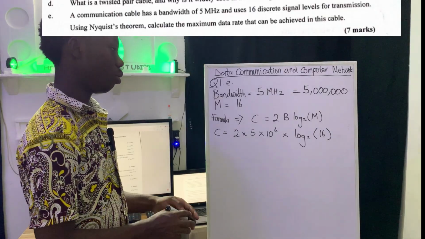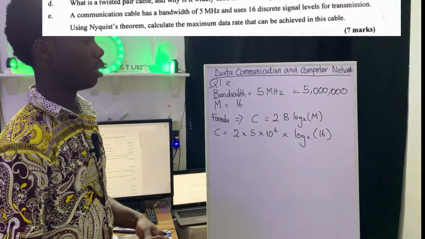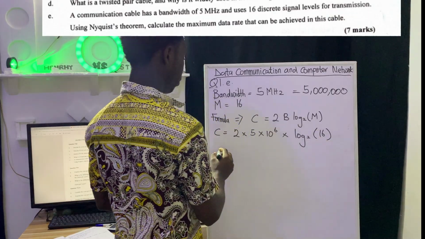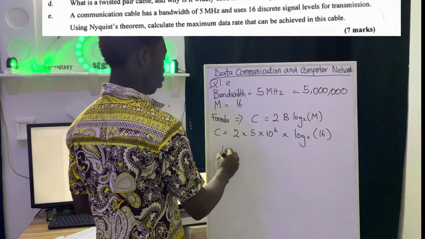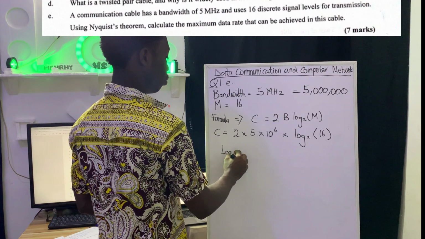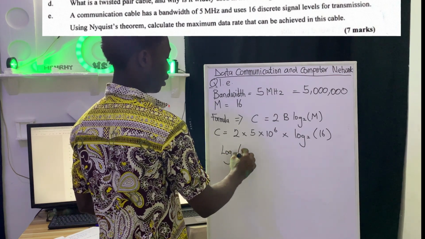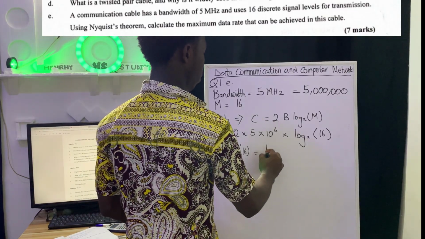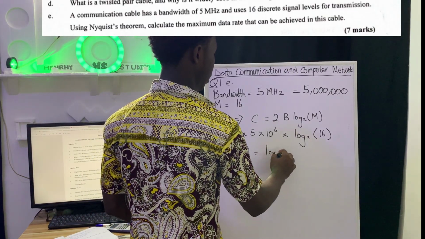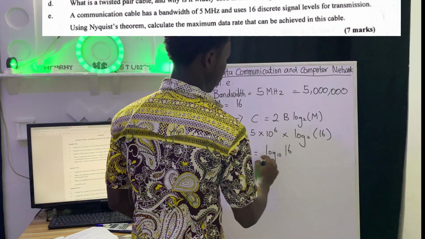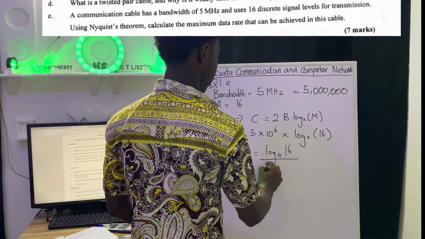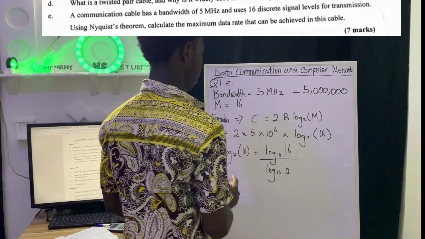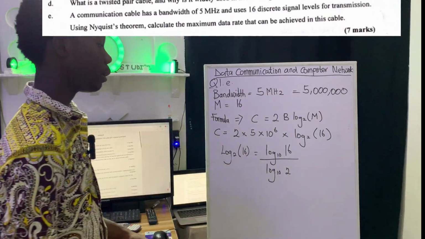Now, you don't just punch this straight on a calculator. We have to solve for the log first. So log2(16) is equal to log10(16) divided by log10(2), the base 2 over here.